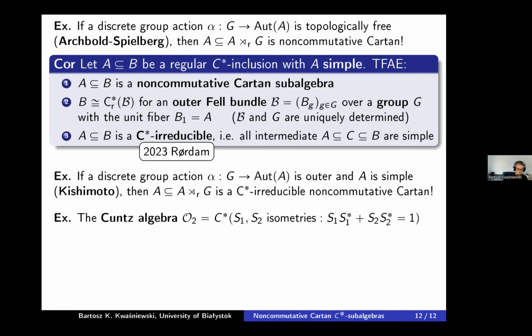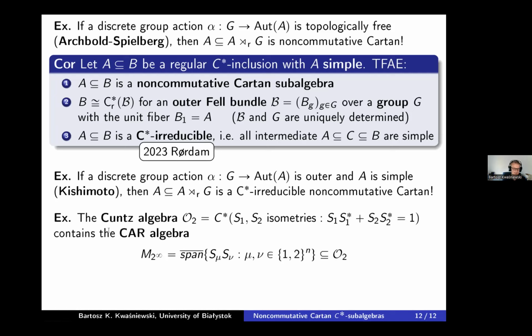So finally, let us consider the Cuntz algebra on two generators. I recall that this is the algebra generated by these isometries with orthogonal ranges that sum up to 1. Then the canonical anticommutation relation algebra sits naturally in this.